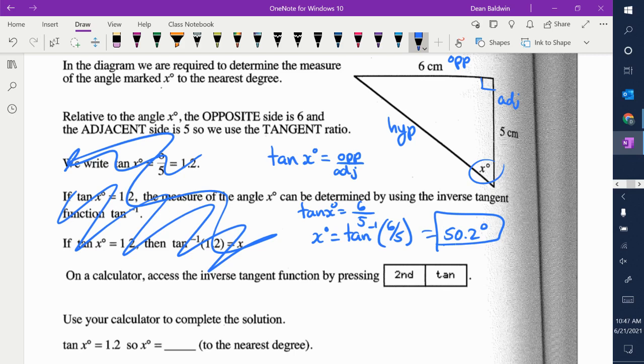This is really important. You will get every question wrong if you're not in degree mode. And in grade 11, you only ever use degree mode. In grade 12, we use some other stuff, but for right now, it's just degrees. Tan to the minus 1, 6 over 5. We good?